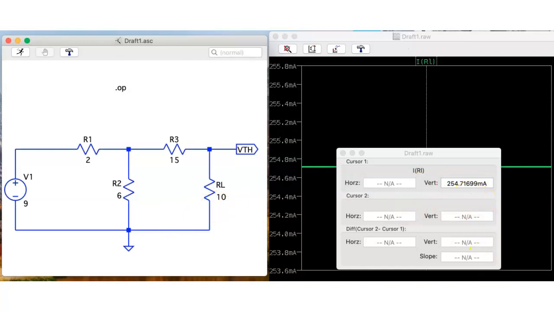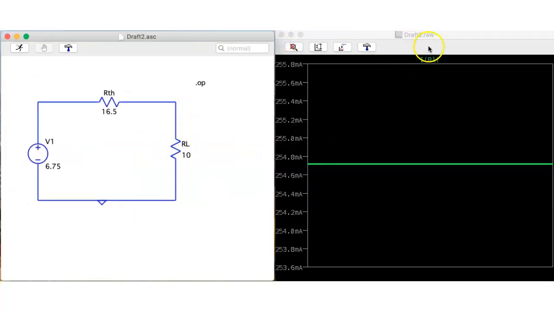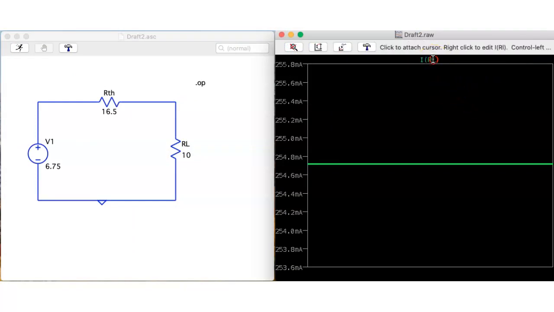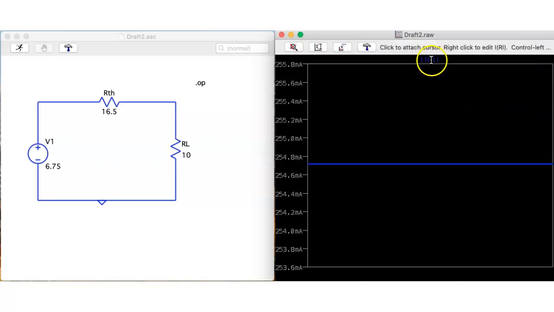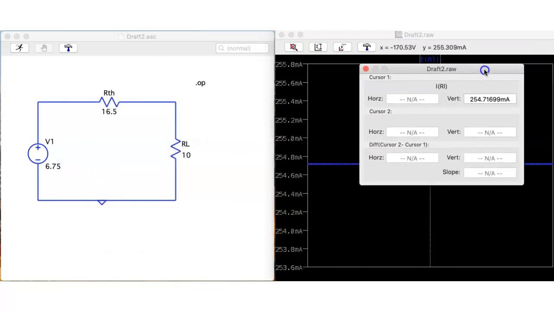Now in the Thevenin equivalent circuit, run this one and measure the current. Now here the value is exactly the same.